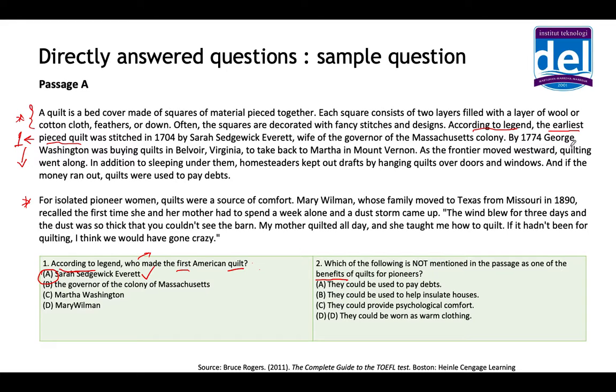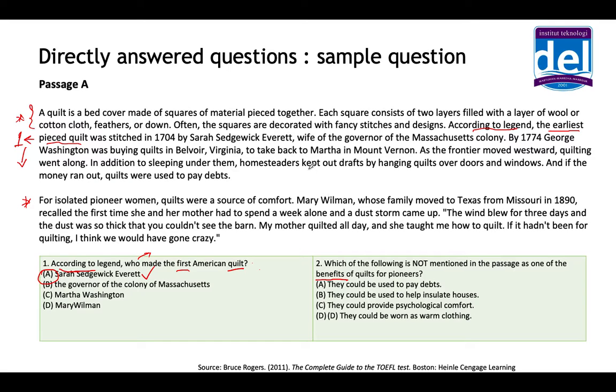"By 1774, George Washington was buying his quilts to take back..." So there is no idea of functionality here. "As the frontier moved westward, quilting went along." There are no ideas about benefits here either. "In addition to sleeping under them..." This idea is talking about the functionality or the benefits of the quilt, so people can sleep under the quilt. "...and homesteaders kept out drafts by hanging quilts over doors and windows."